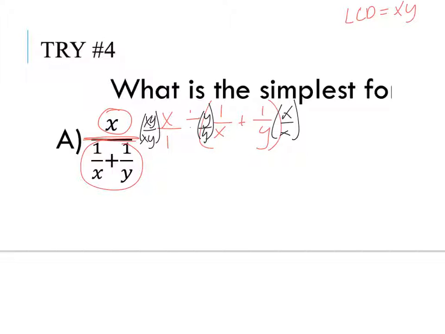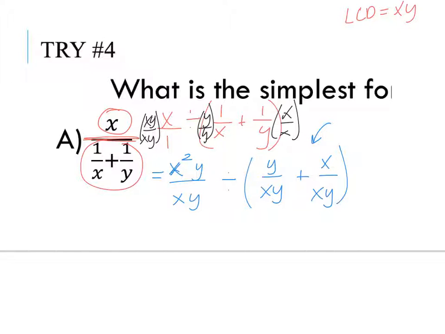Alright, so if we keep going, that will give us x squared y over xy divided by, in parentheses, y over xy plus x over xy. I want to combine the parentheses for that one. So when I do that, this will still be x squared y over xy divided by x plus y over xy.